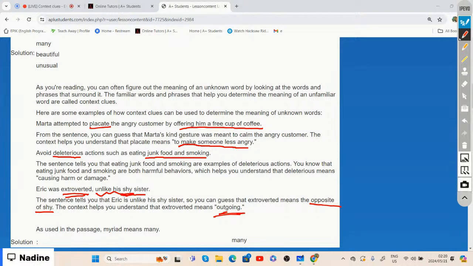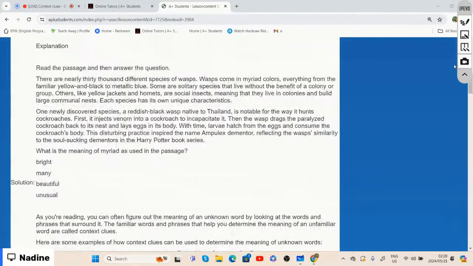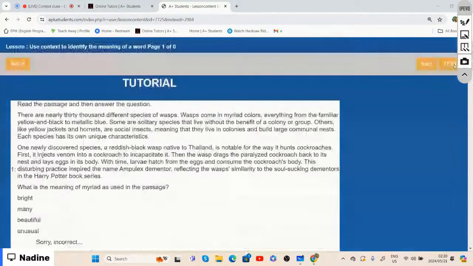That is what extroverted means. That is basically us trying to use the context within a sentence to identify the meaning of a word.